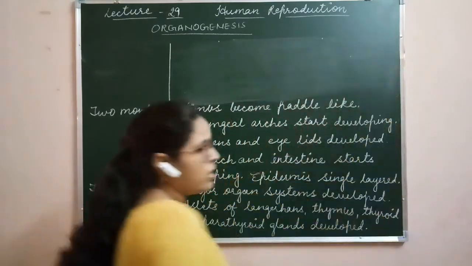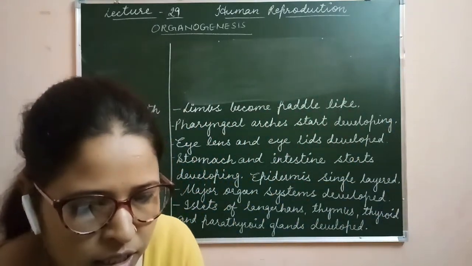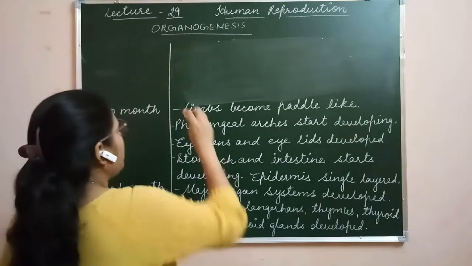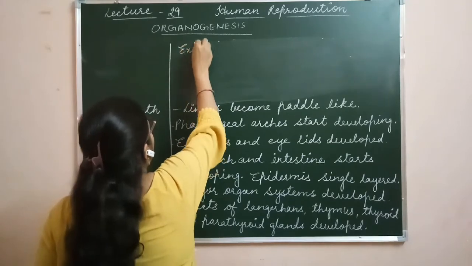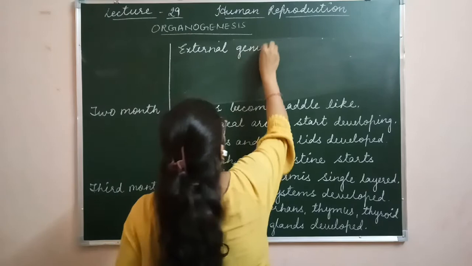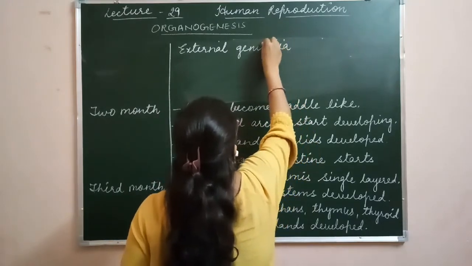Glands were formed, and the next change is that the external genitalia get developed. Clear?